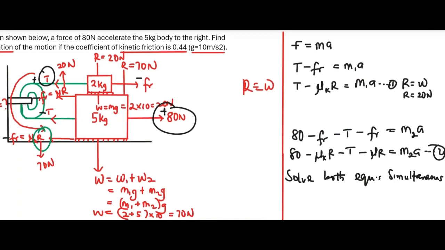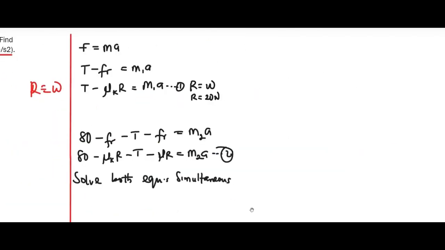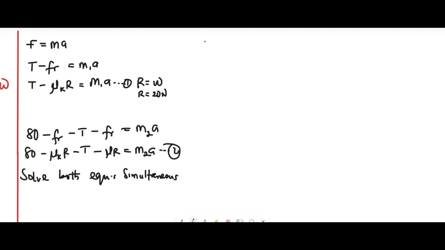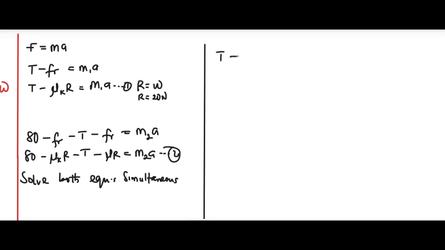All right, what am I expecting? Let me have this here. I have T minus your mu, which is 0.44, and your R here is times 20, right? Then you have equals your M1, which is 2, times your acceleration. Your acceleration is unknown, so you have this as your equation 1.